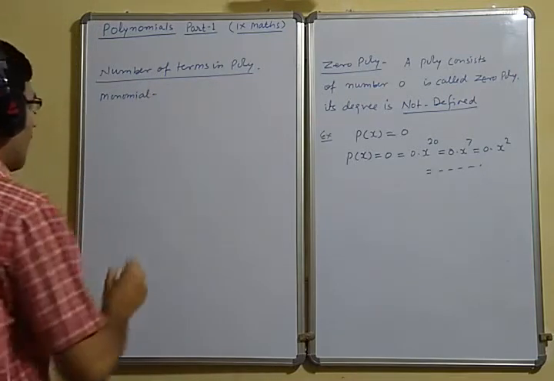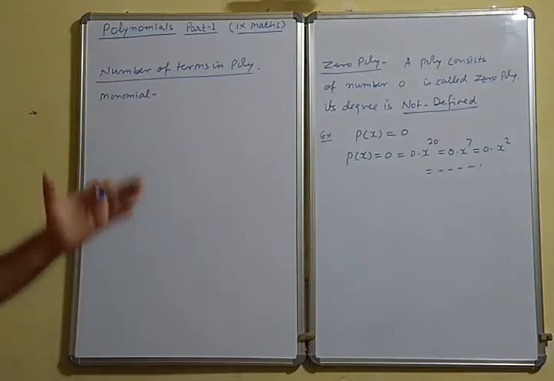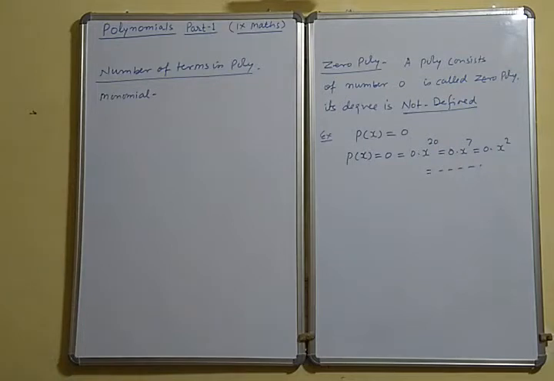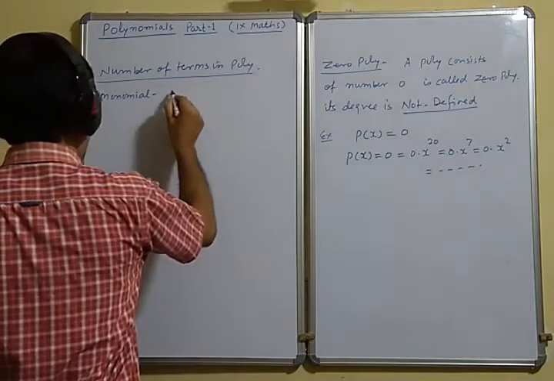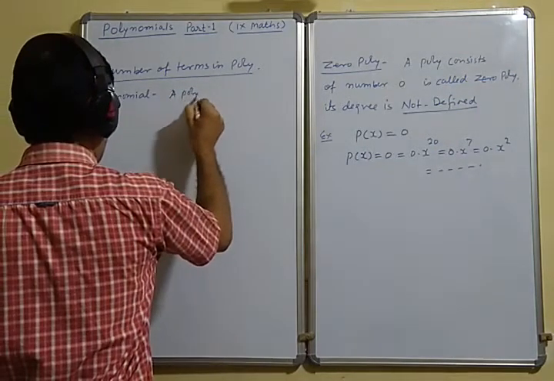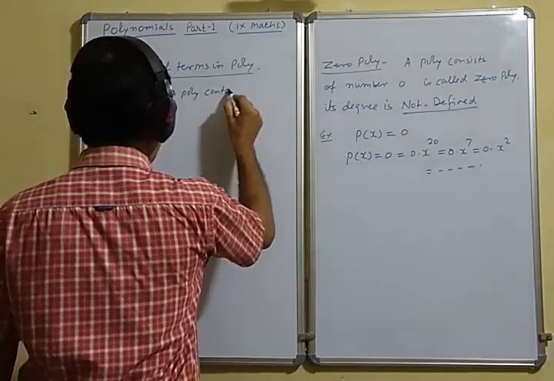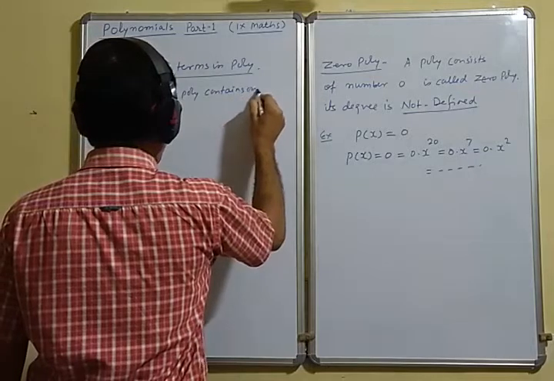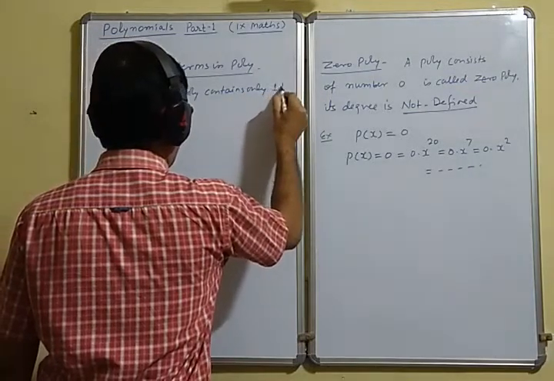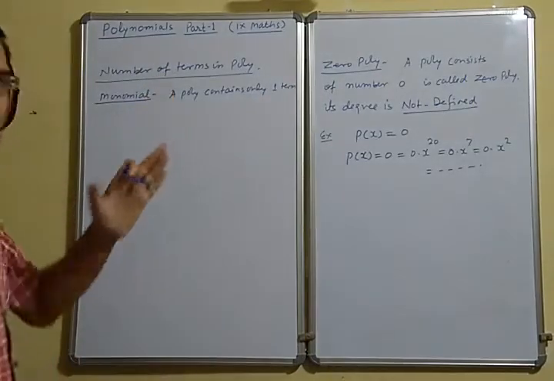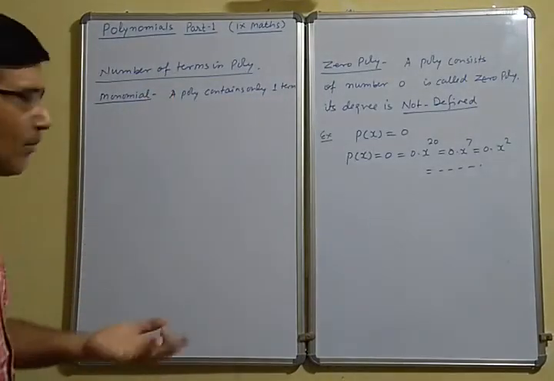Monomial. A polynomial which contains only one term is called a monomial.